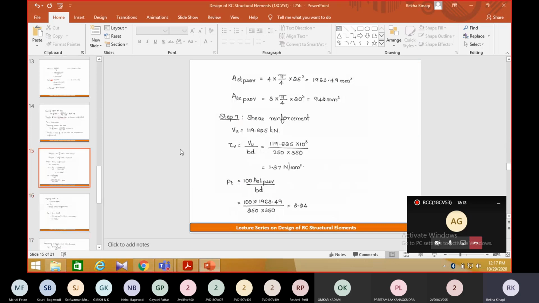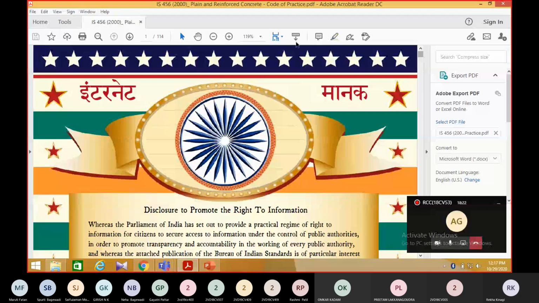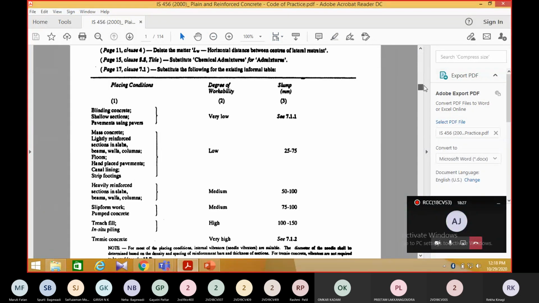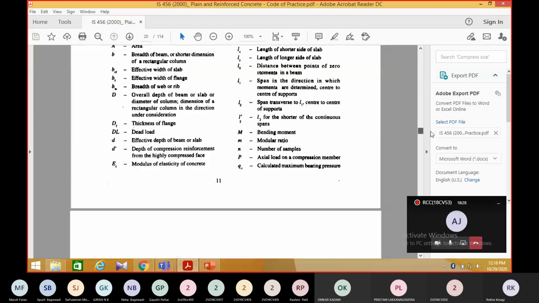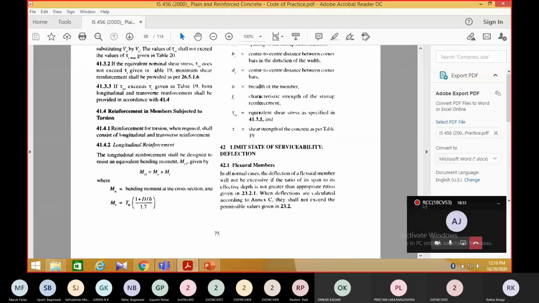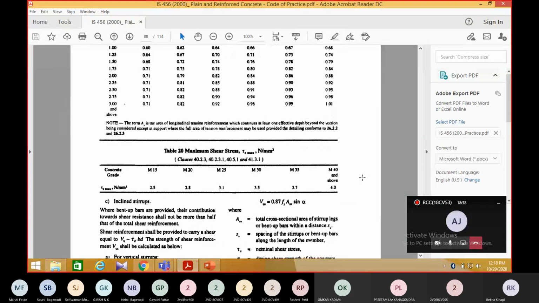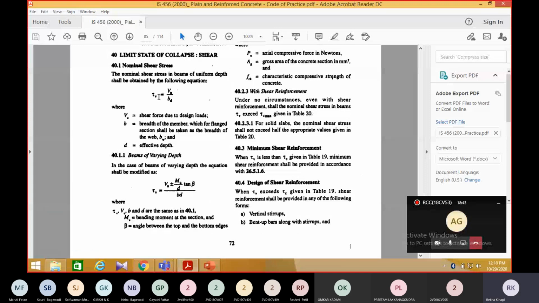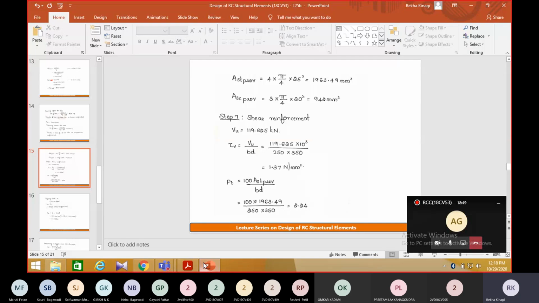Let me show you that. Yes, here nominal shear stress is being calculated using Vu by Bd. The same equation we are using for the calculation of tau v now.